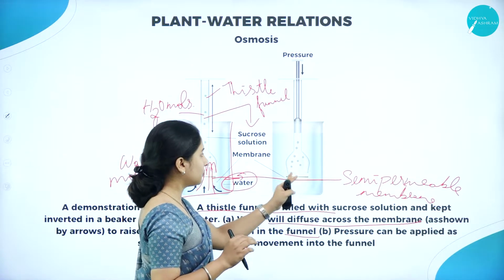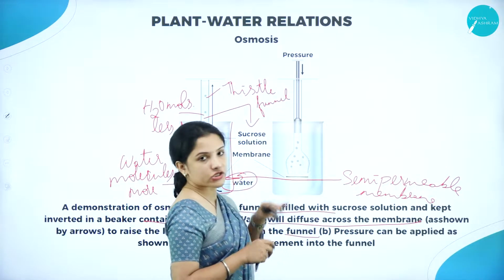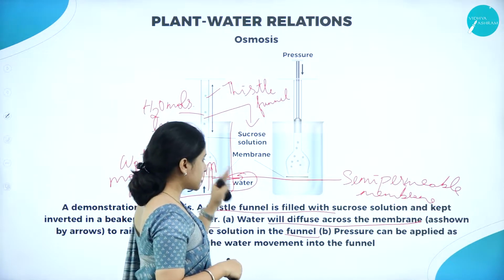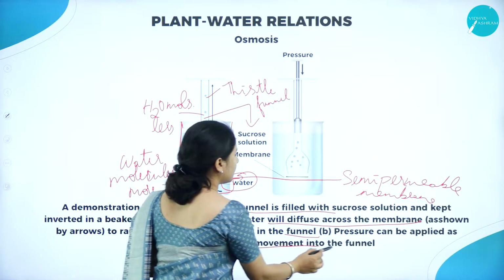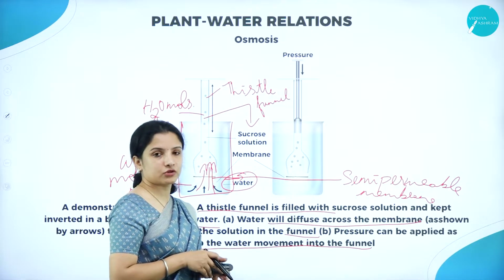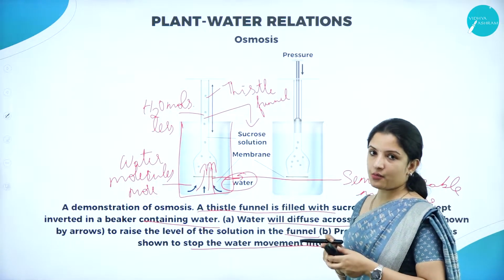Next, in one more set of experiments, they started to apply pressure from the top. When pressure was applied from the top, the movement of water into the funnel completely stopped. So osmosis always depends on the pressure potential.